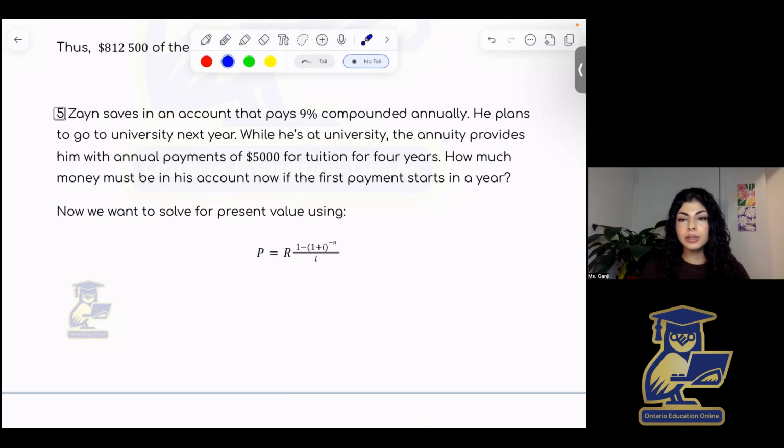So he wants to put a certain amount of money into a bank account right now. This amount will be earning interest over 5 years because he doesn't go to university until next year. However, whatever money is in that account right now earns that interest in 1 year, but then he's now withdrawing $5,000 after 1 year.